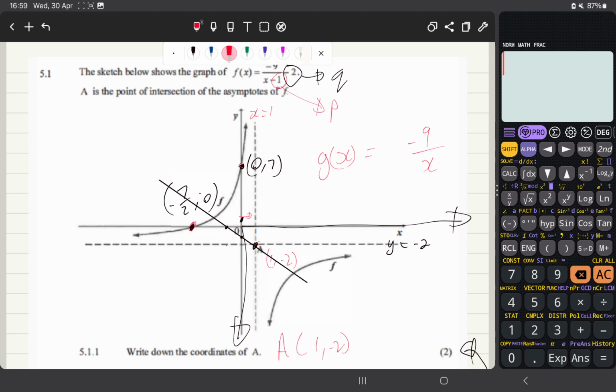And you try to find the closest point to the origin, because in this case the intersection of your asymptotes is the x-axis and the y-axis, implying that the intersection is going to be the origin point, 0 0. Then you find the closest point on the graph to the origin.